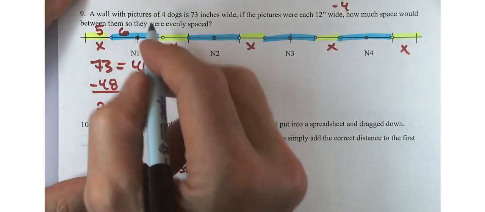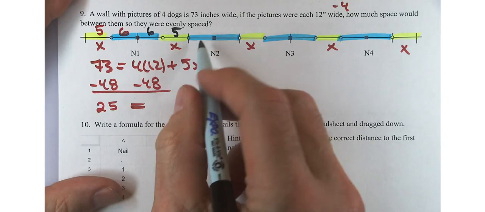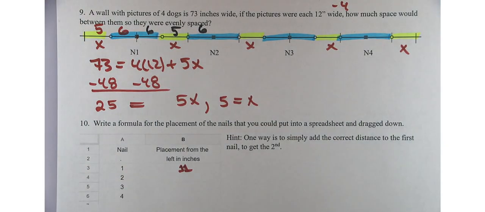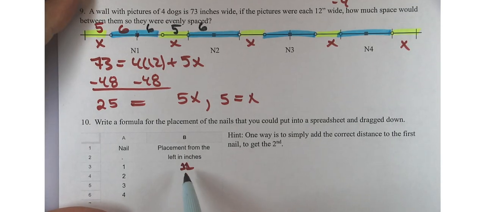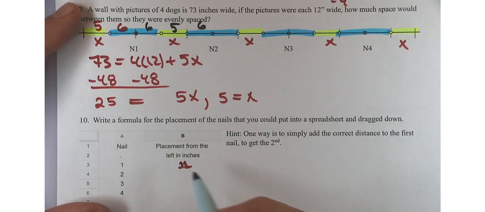I'm going to have another 6 inches plus 5 inches plus 6 inches again, right? So how far is that in total? 17. If my first one is at 11, what's a nice way to write this so that I get the next one? We're putting this into a spreadsheet. I know the first one's at 11.